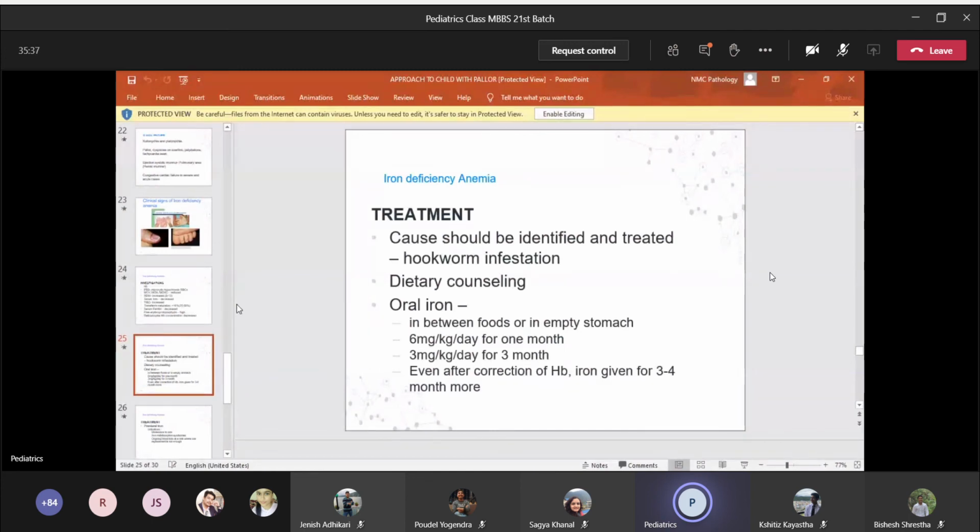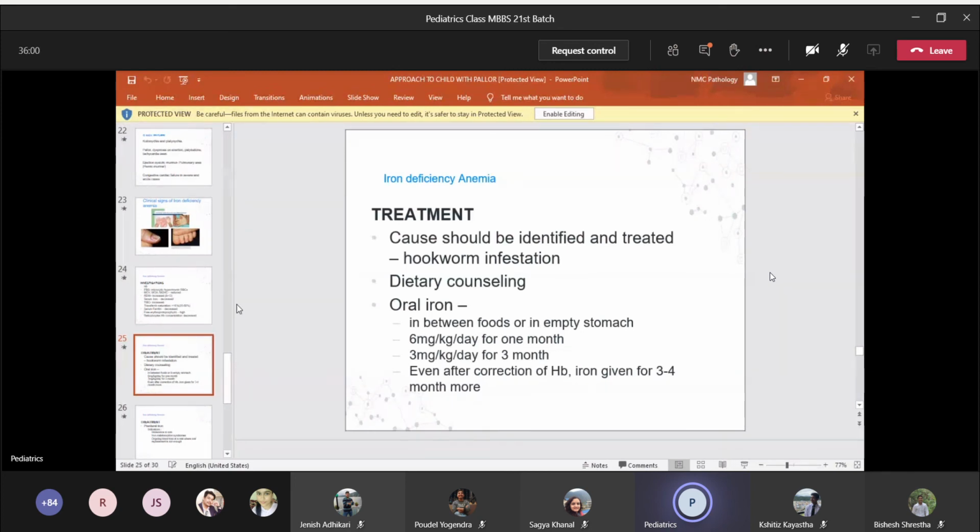The next thing is dietary counseling. For the child who is having iron deficiency anemia, if we give iron, what dietary counseling can we give? We give the oral iron in between foods or on an empty stomach. Don't give it with milk or calcium, because it can decrease the absorption of iron.